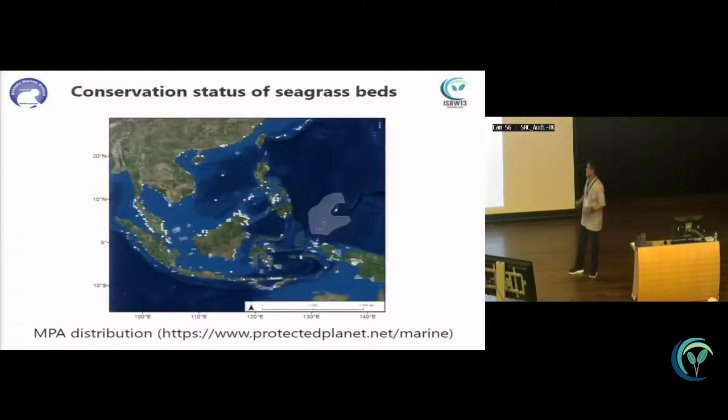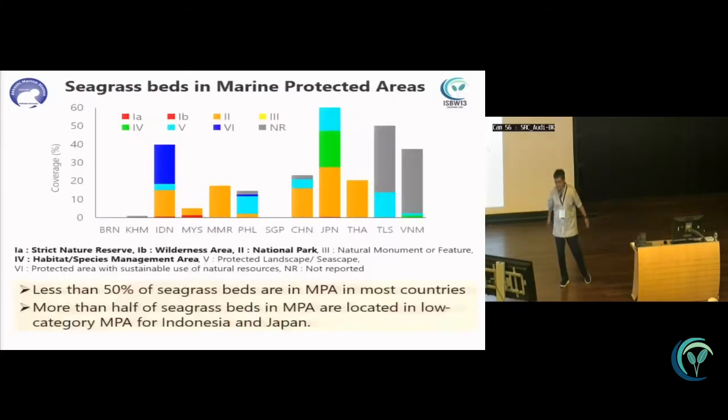And finally, we checked how well the current distribution of seagrass beds is protected. We used the data on MPAs issued by Protected Planet, which you can download for GIS. We checked how much percent of the seagrass bed distribution is covered by this map.